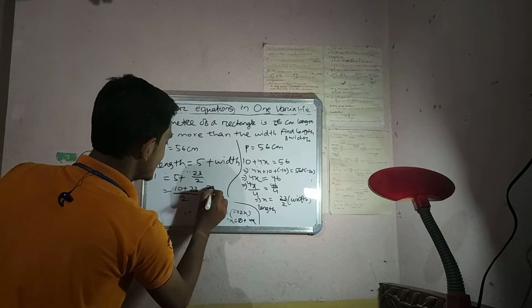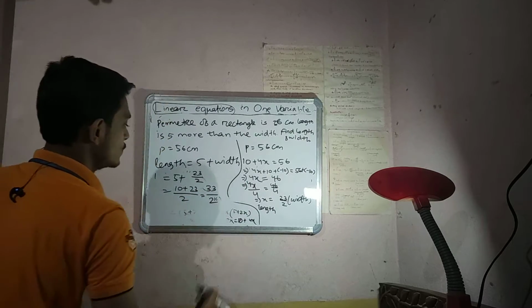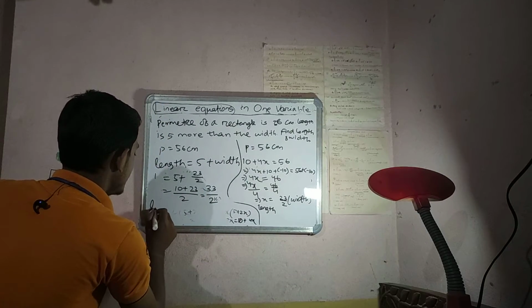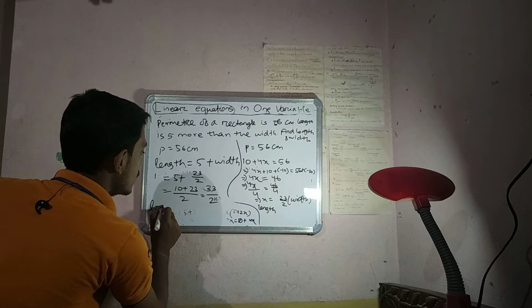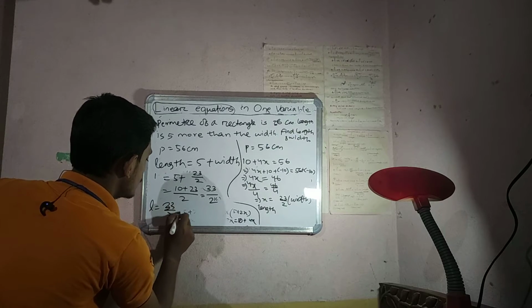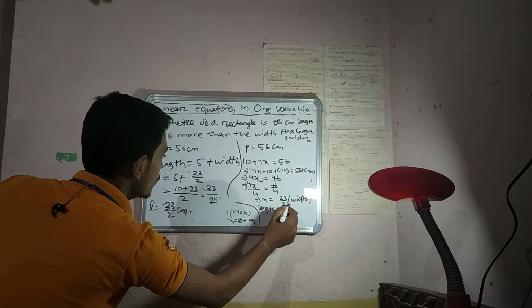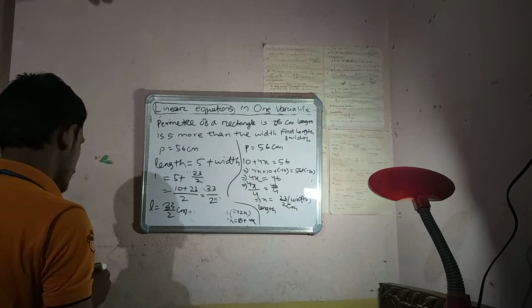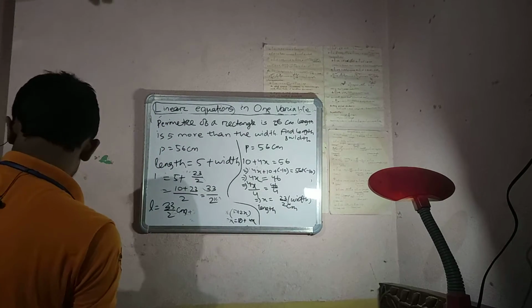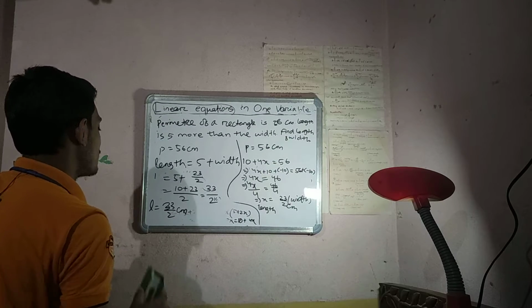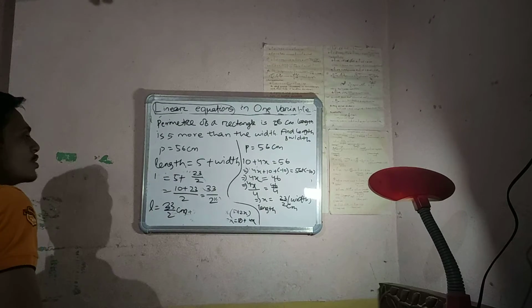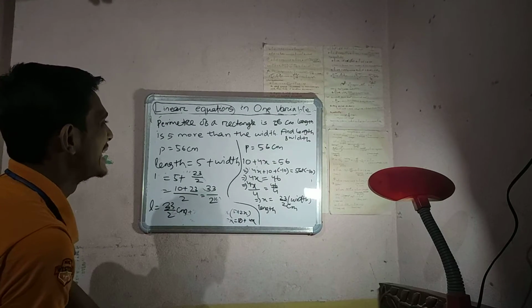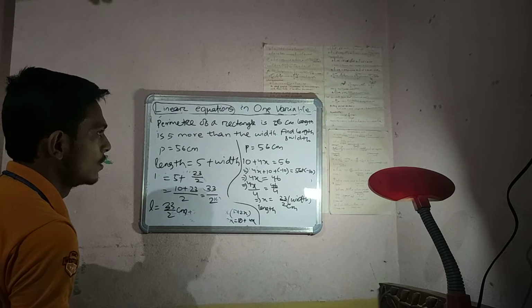That is 33 upon 2. That is, the length is equal to 33 upon 2 centimeter and width equal to 23 by 2 centimeter. This is the value of length and width. Okay. In this way, you can solve the geometrical problems of perimeter of a rectangle.